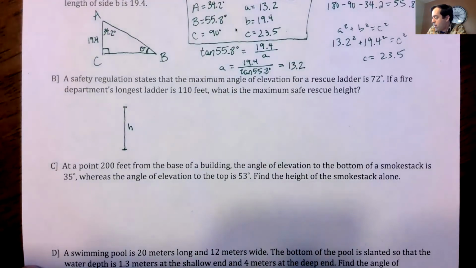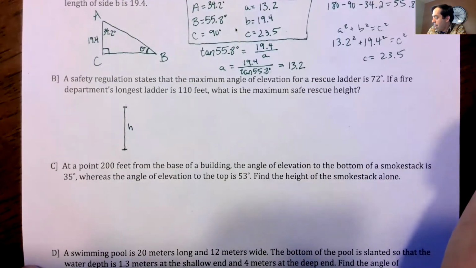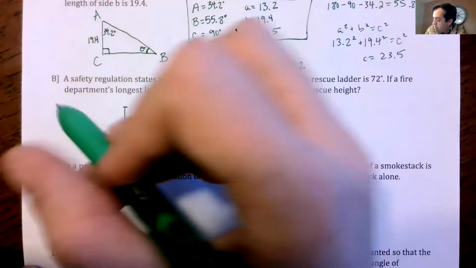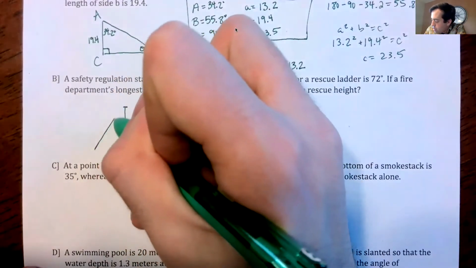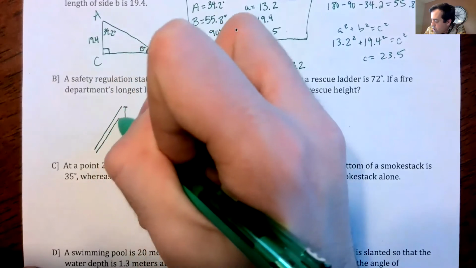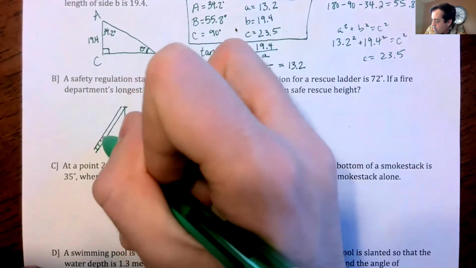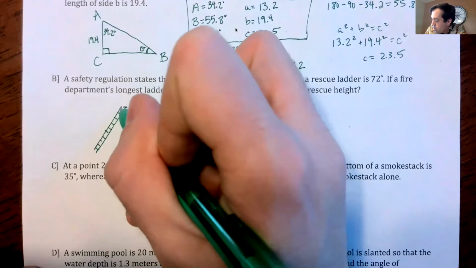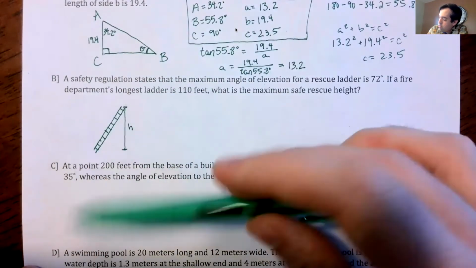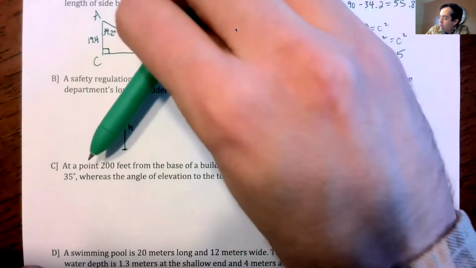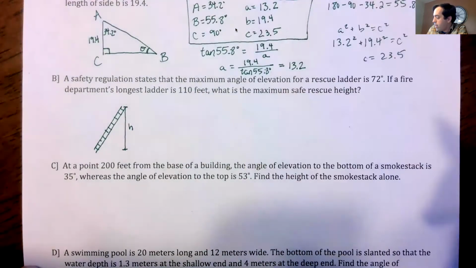And we have a ladder that has a maximum angle of elevation of 72 degrees. So that means that if we sketch our ladder like this, angle of elevation always means from the horizontal up. I could even write that in here if we wanted.